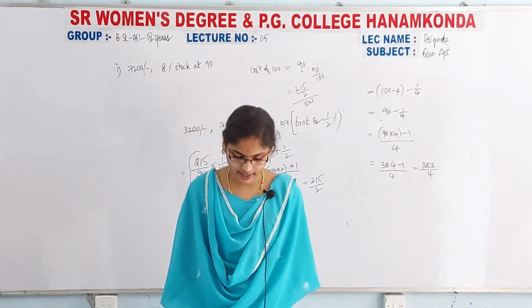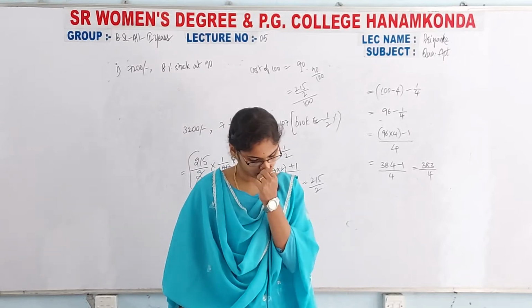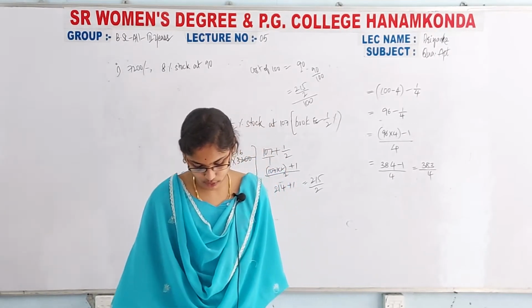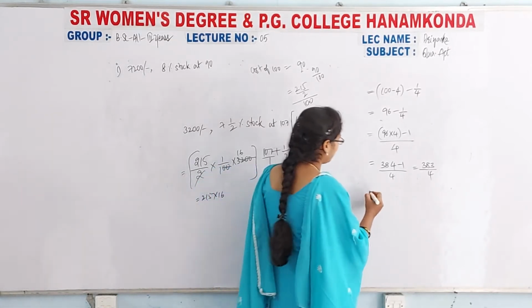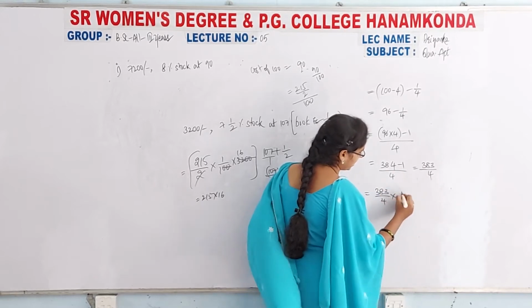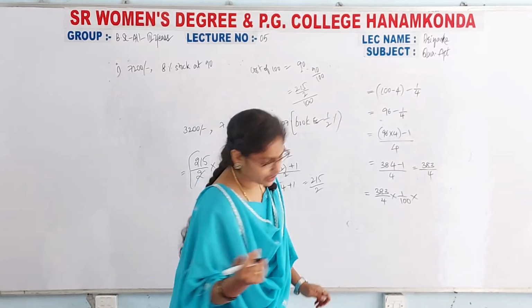Next, by selling 2400 rupees stock, cash realized equal to, what is the formula? 383 by 4 by 100. That means 383 by 4 into 1 by 100 into what is the amount? 2400.